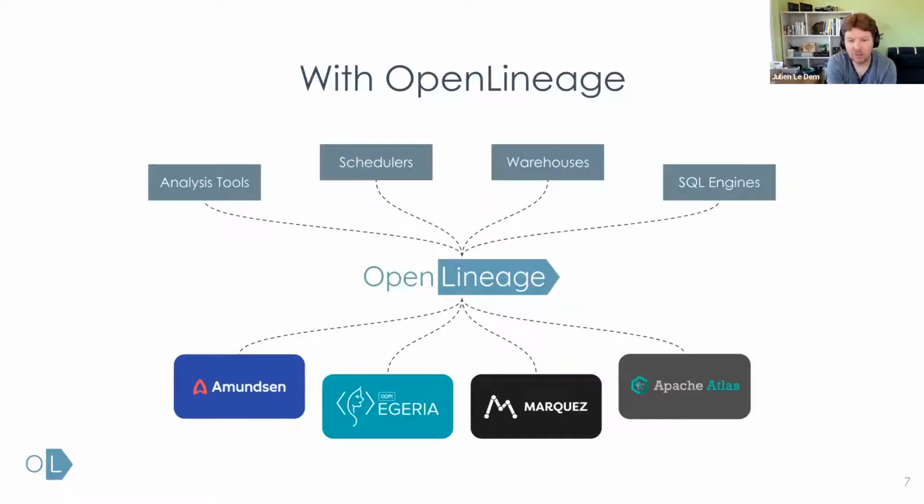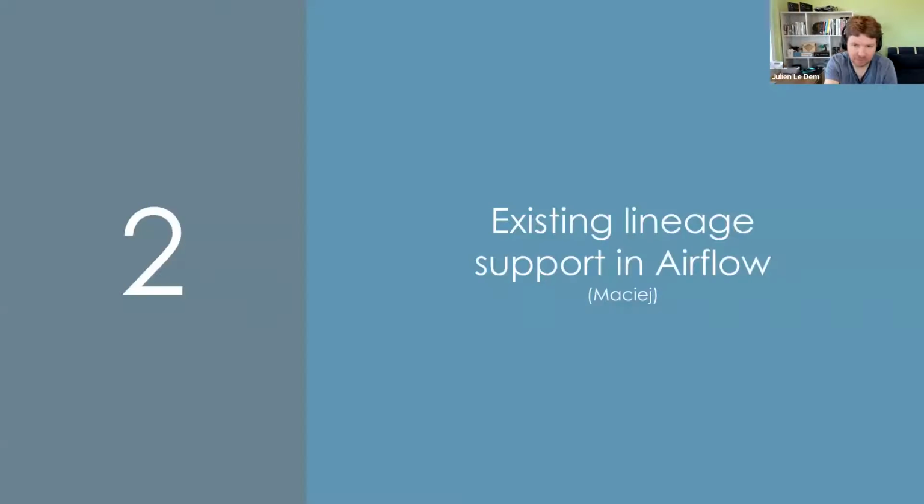And so the discussion is, if we all get together and define one standard to expose lineage, it removes a lot of duplication, it simplifies the conversation, there's a lot less wasted effort, and it's a lot more reliable because it's a spec that everything goes against, and that's more stable. And so on that, I'll pass to Maciej to talk about the existing lineage in Airflow.